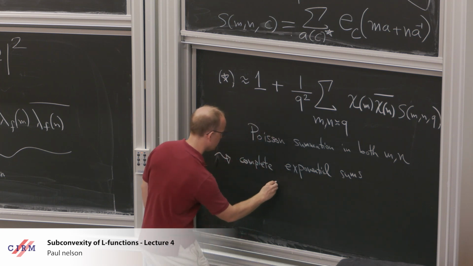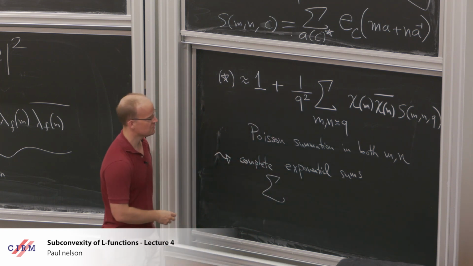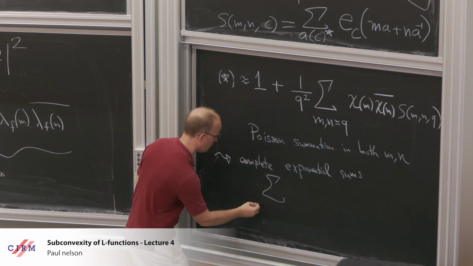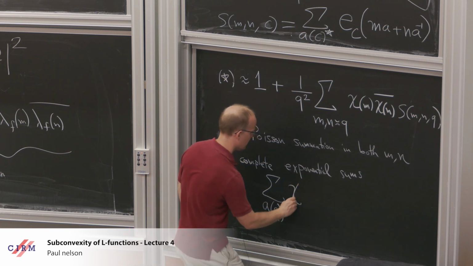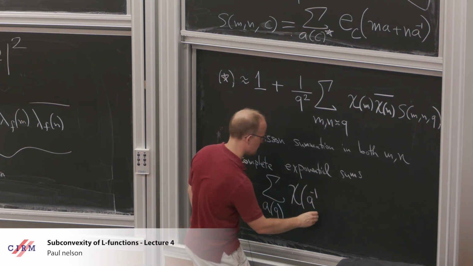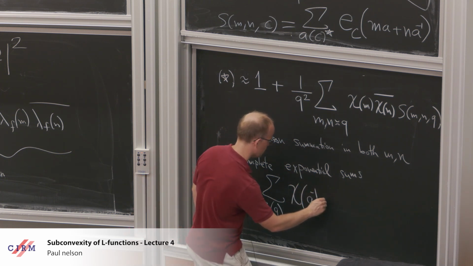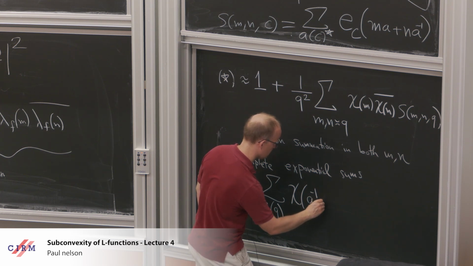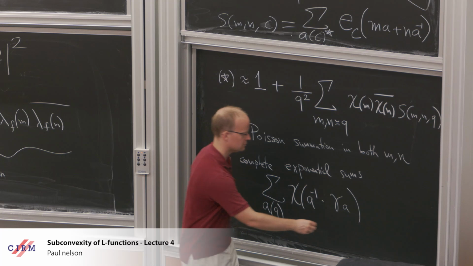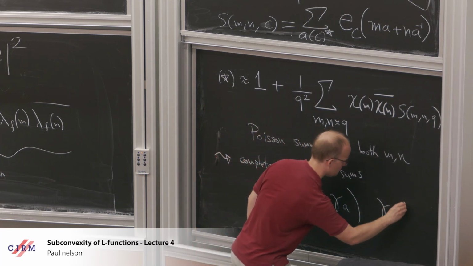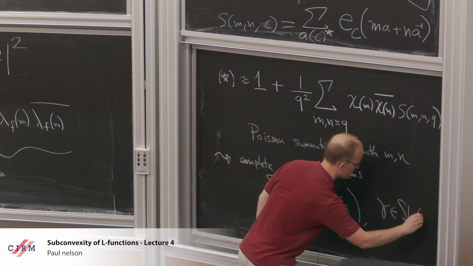You'll have to face something like a sum over a modulo q of chi evaluated at a-inverse times some fractional linear transformation applied to a, where gamma lies in, for example, SL2(Z).